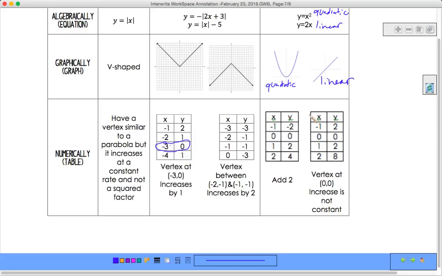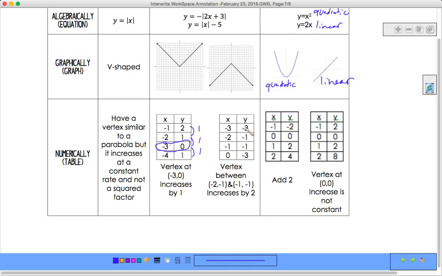And I can see my vertex, but this one changes at a constant rate. From 2 to 1 is 1, changing 1, changing 1, changing 1. Okay, increasing 1. Here to here. And then increasing 1 from the vertex. Increasing 1.